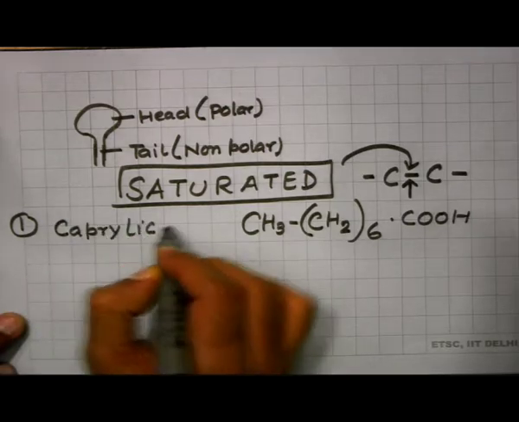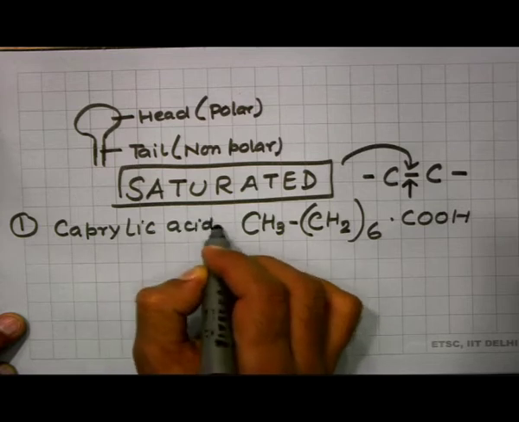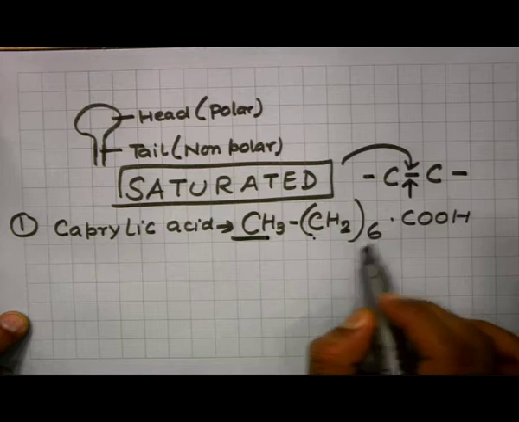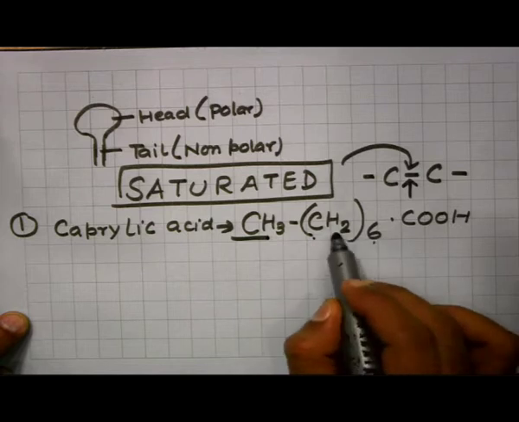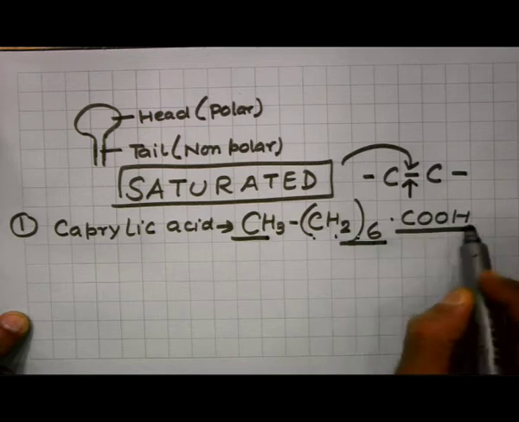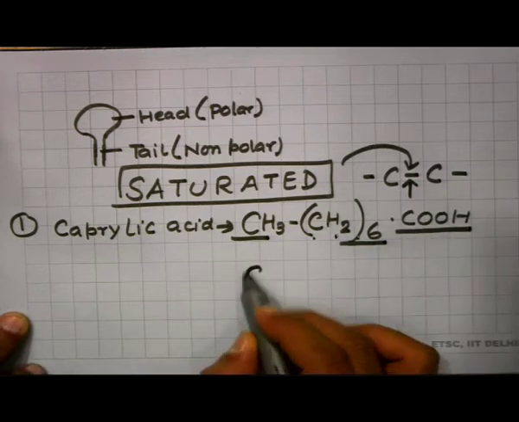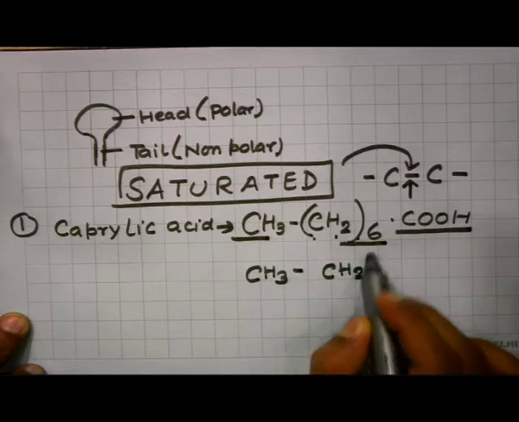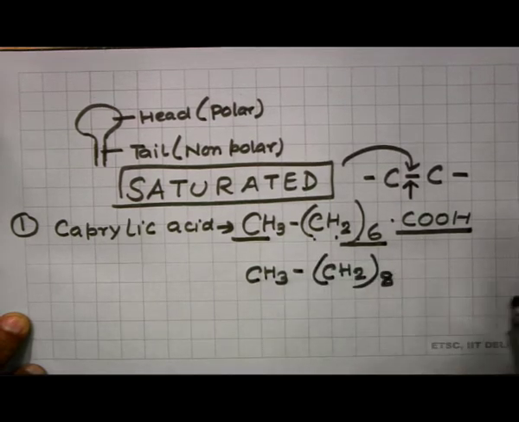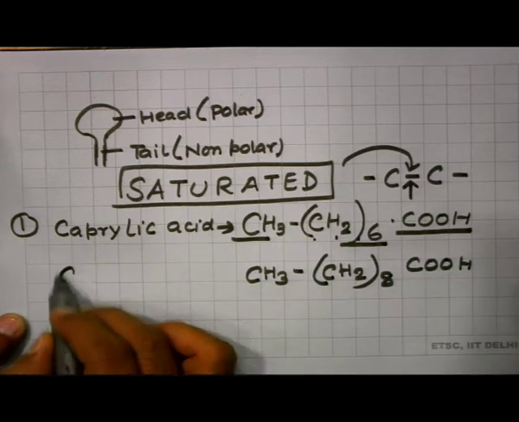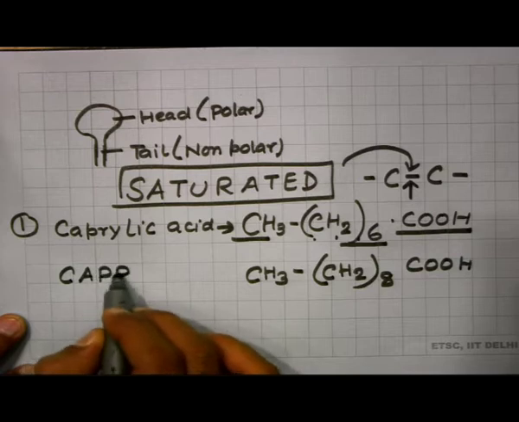The first fatty acid is caprylic acid, where the methyl group is followed by 6 CH2 groups, and the last one is the COOH group. If this CH2 group is multiplied by 8, then it forms capric acid.